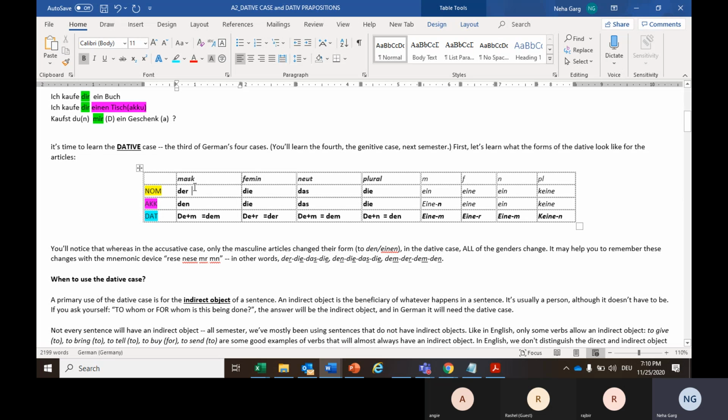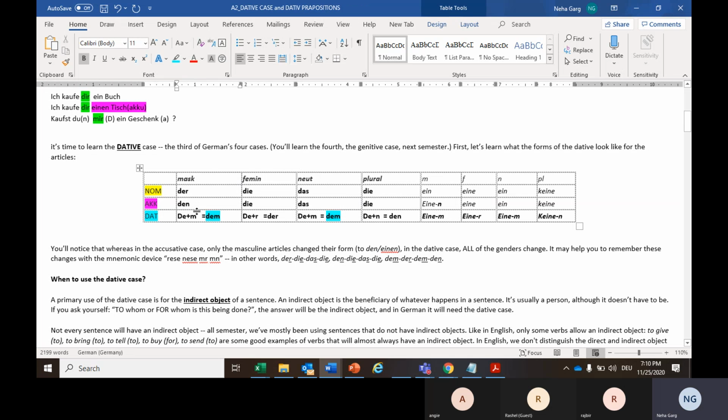So we all know der, die, das, and die for nominative case. Then der changes to den in accusative case, and die, das, and die remain the same. But now, if we talk about dative, der and das, masculine and neutral, change to dem. So der changes to dem.